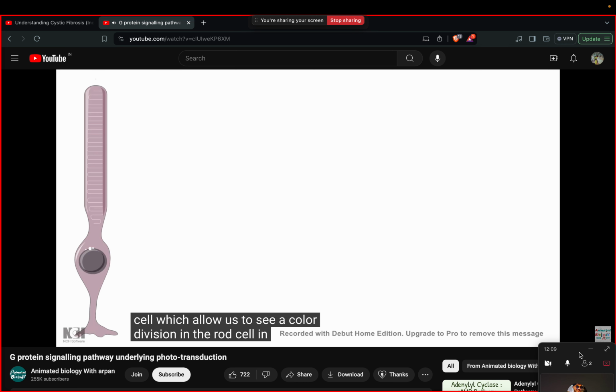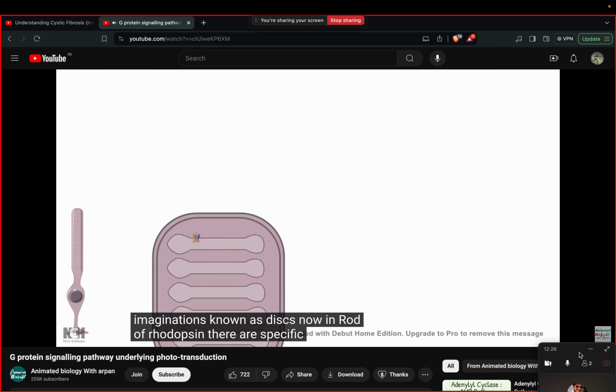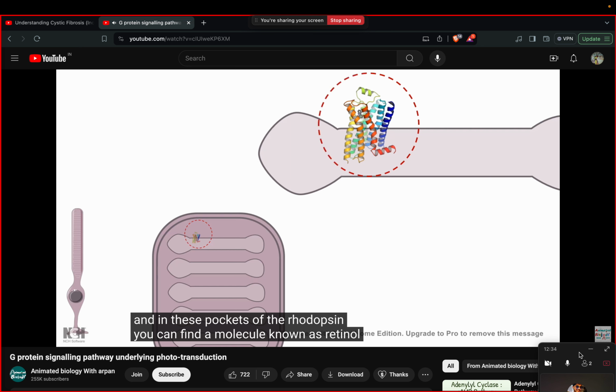In the rod cell, in the peripheral region of the rod cell, there are pigments known as rhodopsin, which are located in these membrane invaginations known as discs. Now in rhodopsin, there are specific pockets, and in these pockets of the rhodopsin, you can find a molecule known as retinal.